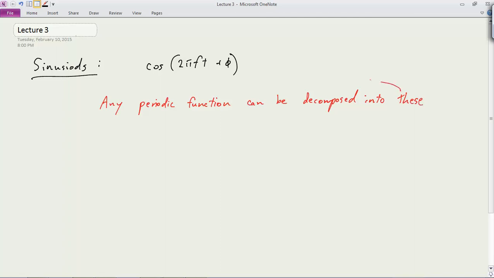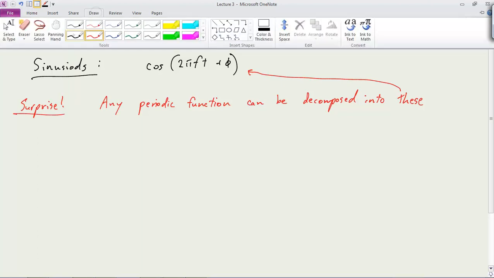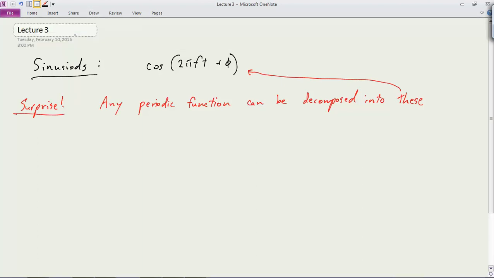So any periodic function can actually be decomposed into a sum of cosines of this form. All right. So this is actually general enough to represent all periodic signals. So let me show what I mean by that.